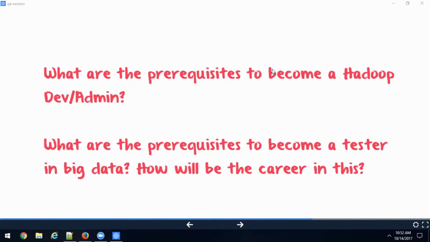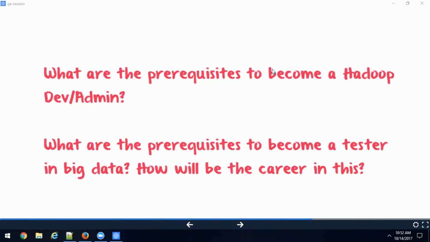Okay. From the admin standpoint, again, we have seen people transitioning from system engineers into Hadoop administrators, people working in business intelligence like Business Objects, Tableau, moving into Hadoop developer or administrator roles.